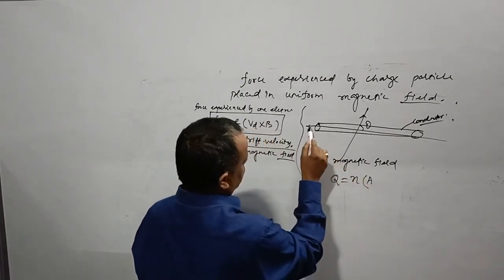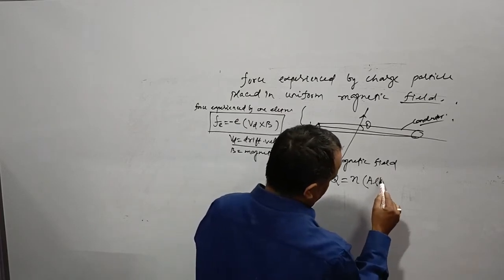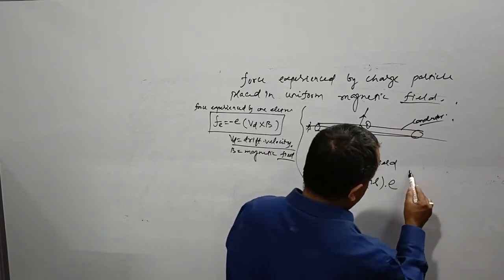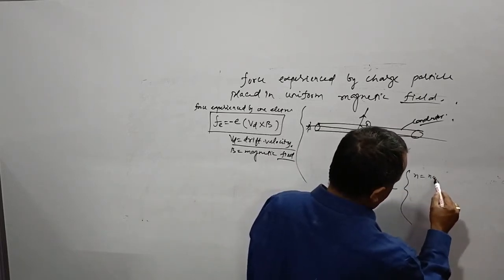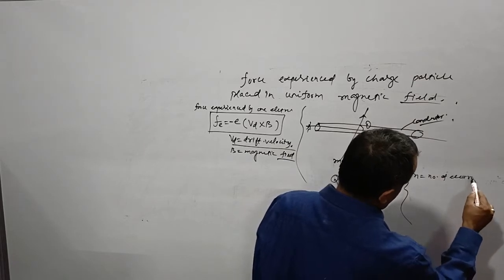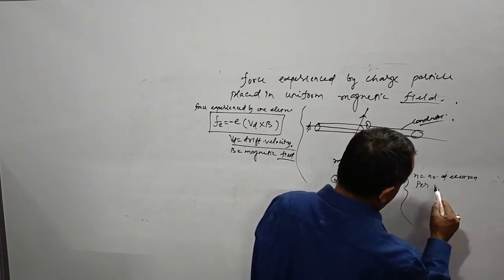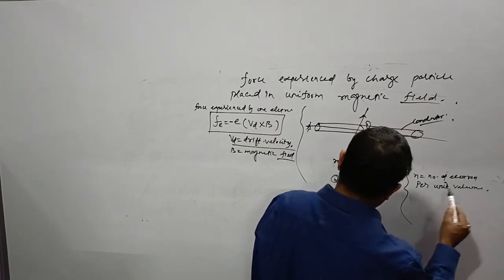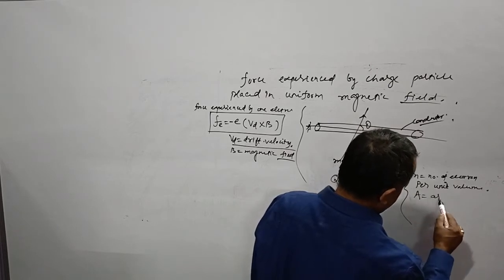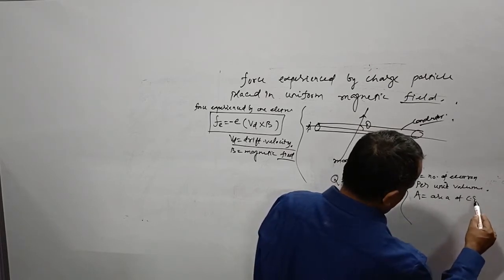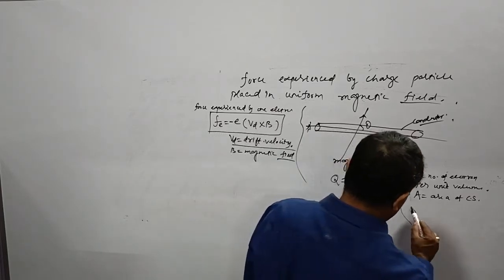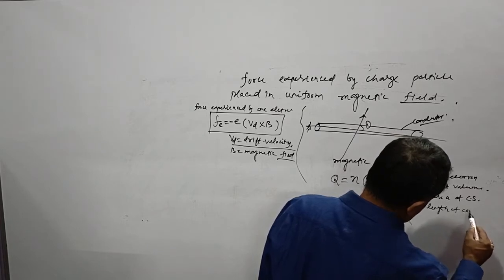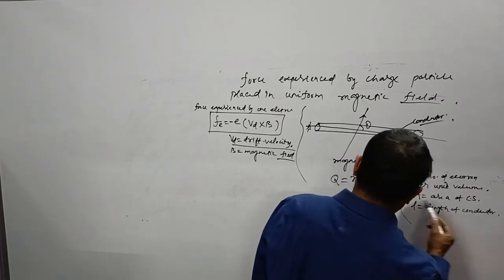A is the area of cross section of the wire, L is the length of the wire, n is the number density, the number of electrons per unit volume, and e is the charge on each electron.